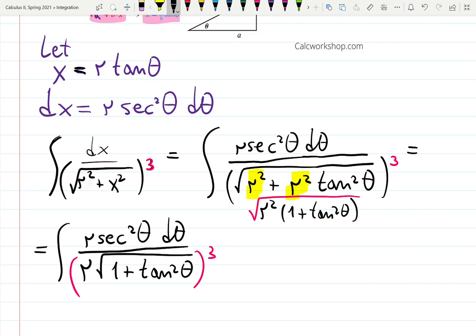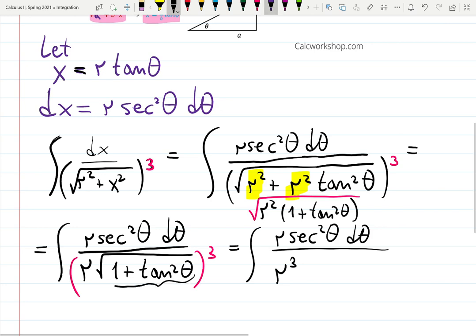Now what are we going to do? We are going to substitute. First of all, we can already start simplifying r's, or we can wait not to make a mistake. Let's say it this way. R secant squared theta d theta. This r is cubed, and now I have a square root of 1 plus tangent squared, and 1 plus tangent squared is secant squared theta.